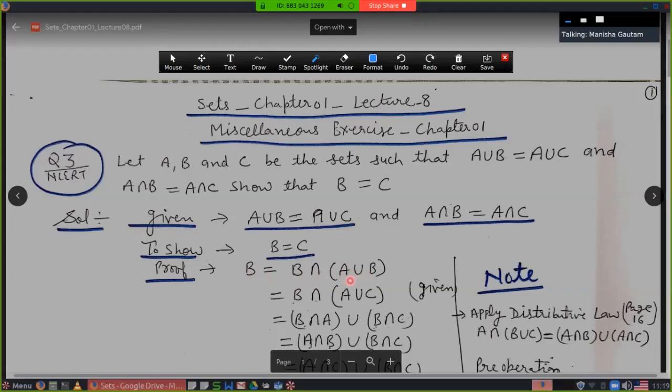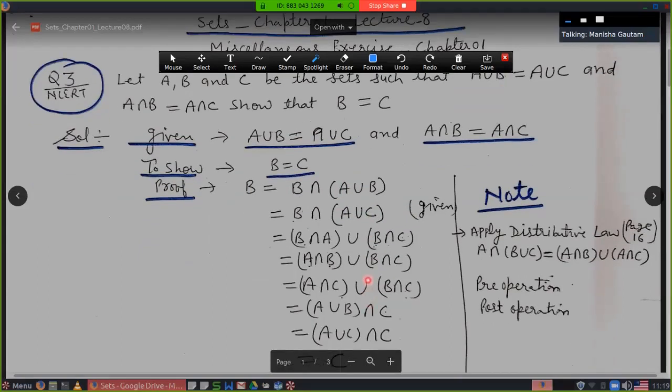Now A union B is equal to A union C. It is given to you. Now replace A union B by A union C by using the given part. Now applying the distributive property. Here I have written distributive property. You can see it on page number 16 in your NCERT book.